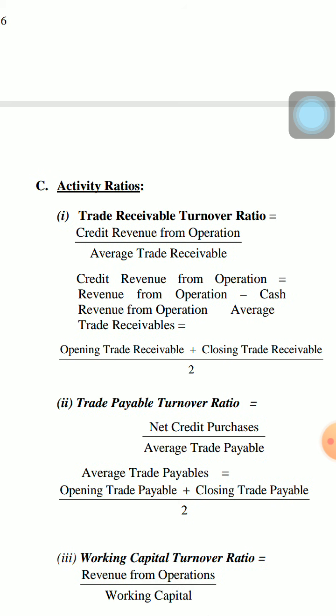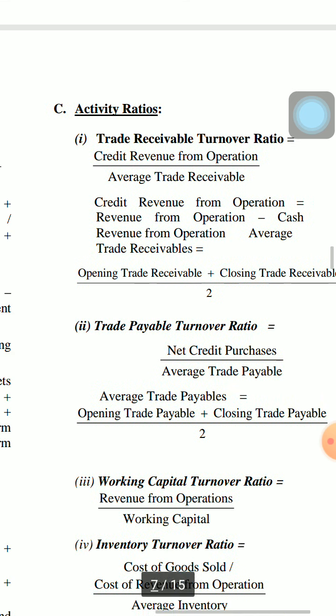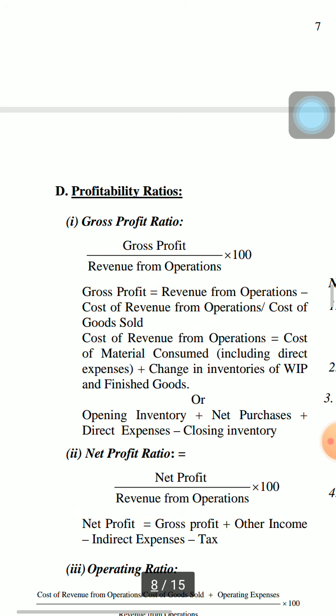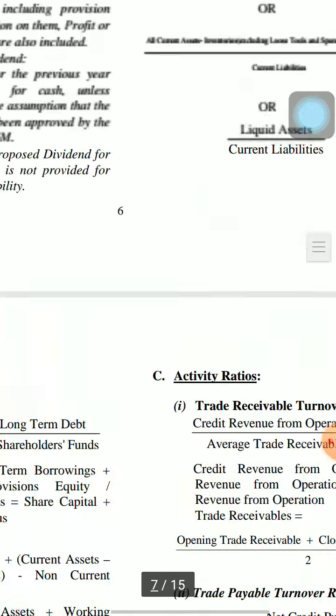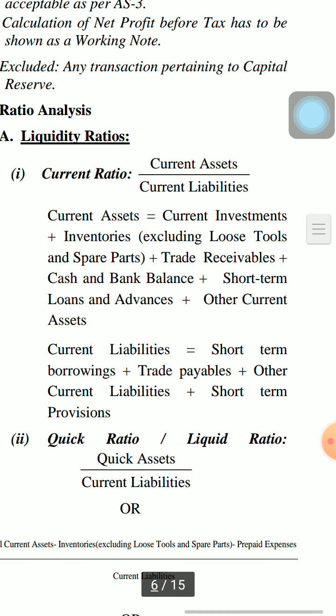That means how the operations are going on, and to understand the efficiency of operations, we can see this ratio. And for the purpose of understanding the profitability, we can analyze the profitability ratios. So one by one we will see all the ratios. So let's start from the first one, that is current ratio.